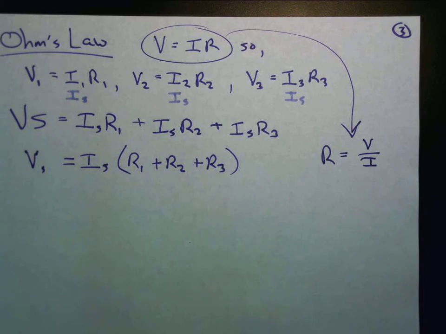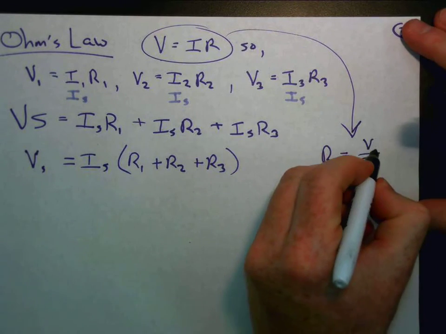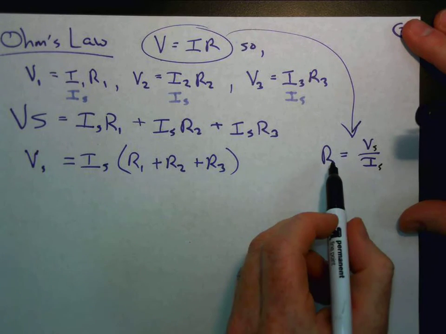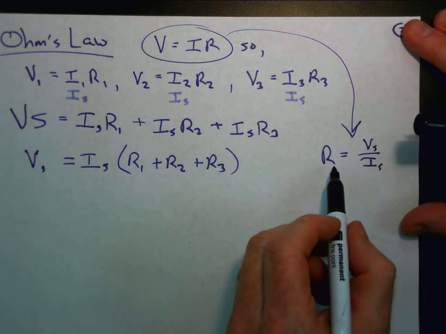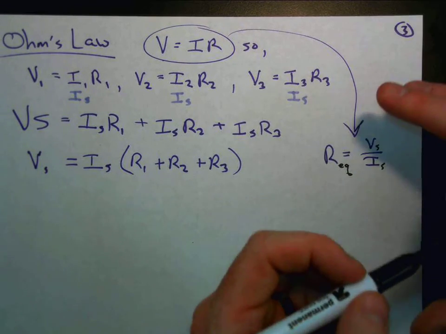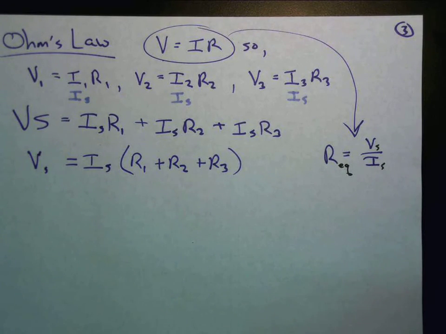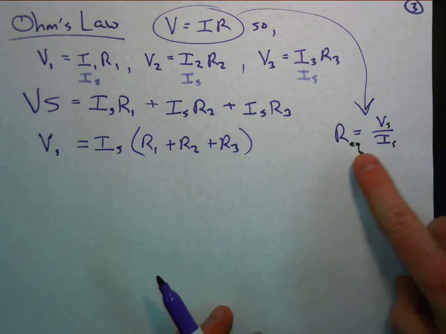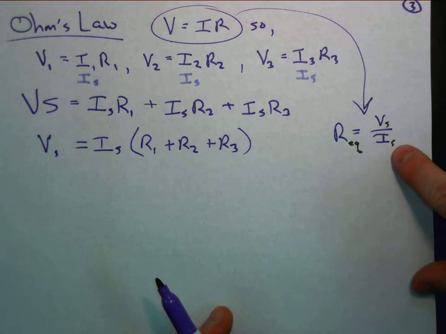And from this, if I simply am talking about the voltage of the source and the current of the source, then the resistance is going to be the resistance of the whole circuit. And we call that equivalent resistance. So that's pretty darn cool. And I get that equivalent resistance from voltage source divided by current to the source.